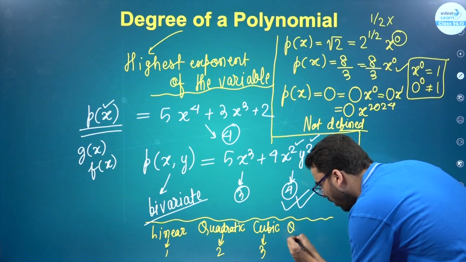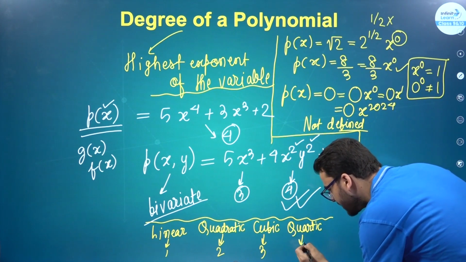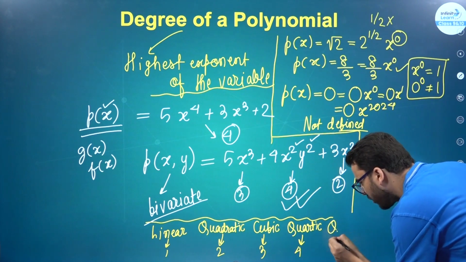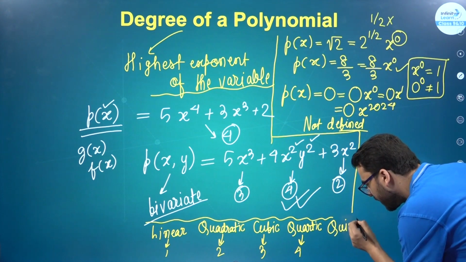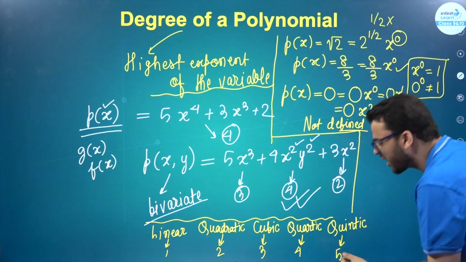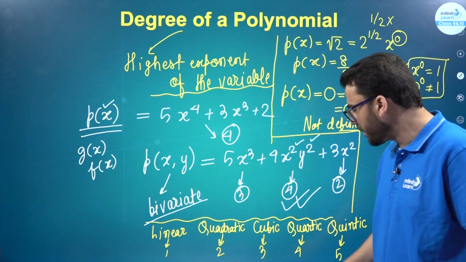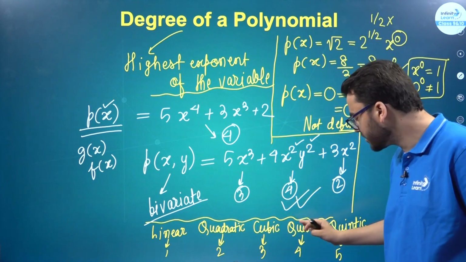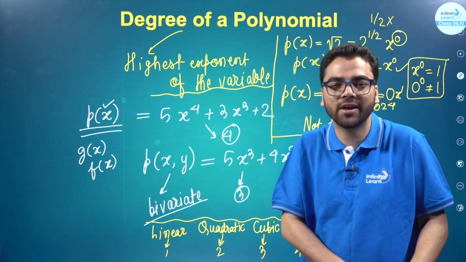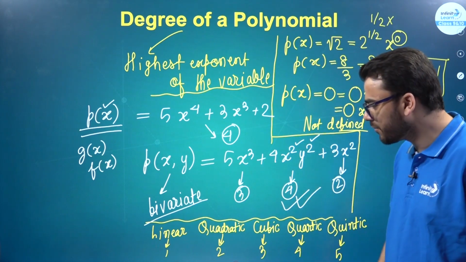If it's a quartic polynomial, then degree is 4. And if it's a quintic polynomial, then degree is 5, and so on, right? After that, I don't remember, and nobody is going to ask that. Even after cubic, they will just write that it's a polynomial of degree 4 or degree 5, something like that.